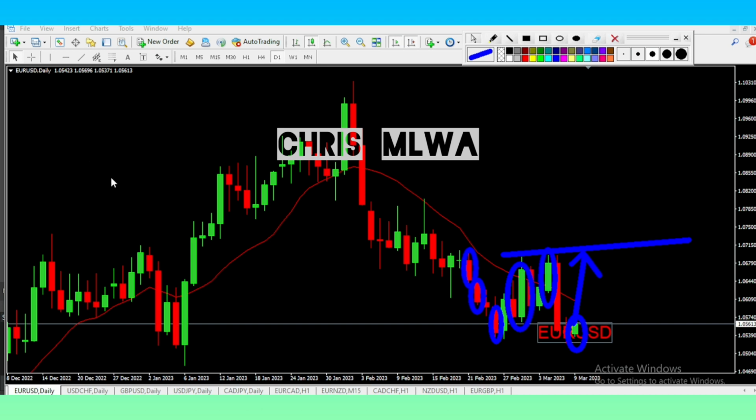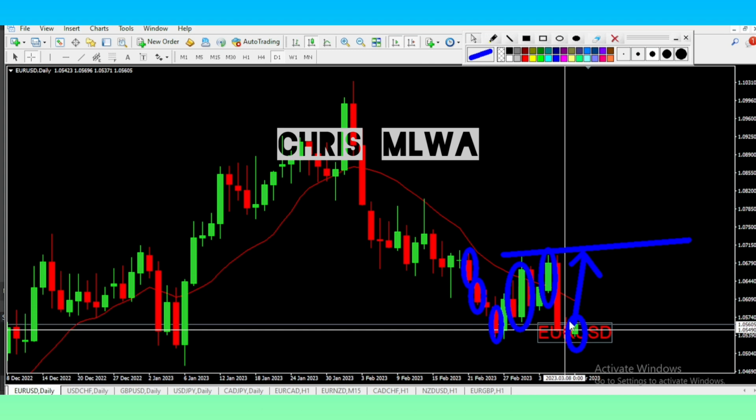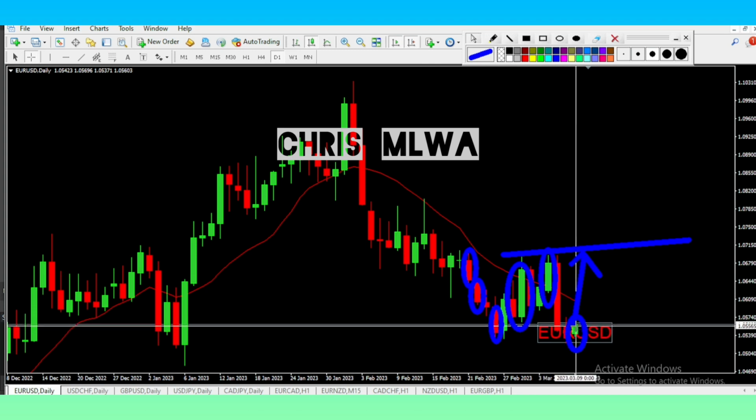So where is the crossbar? Okay, the crossbar is there. I want to measure that move. How many pips? This is 147 pips.